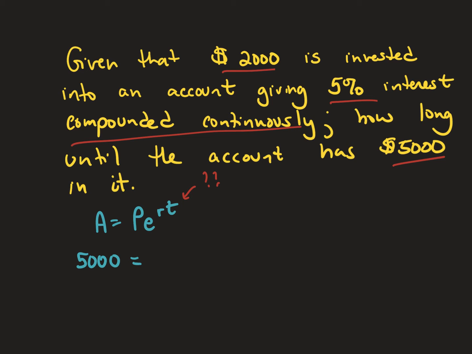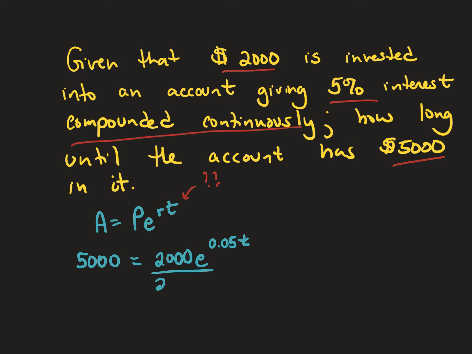So $5,000 is what we want to have in the future. We are going to start with 2,000 again. E to the 0.05, but in this case, it's going to be T here. So this is our exponential equation we have to solve. Now the good news is these always solve the same way, and really this is true not only of continuously compounding problems, but in general growth and decay.